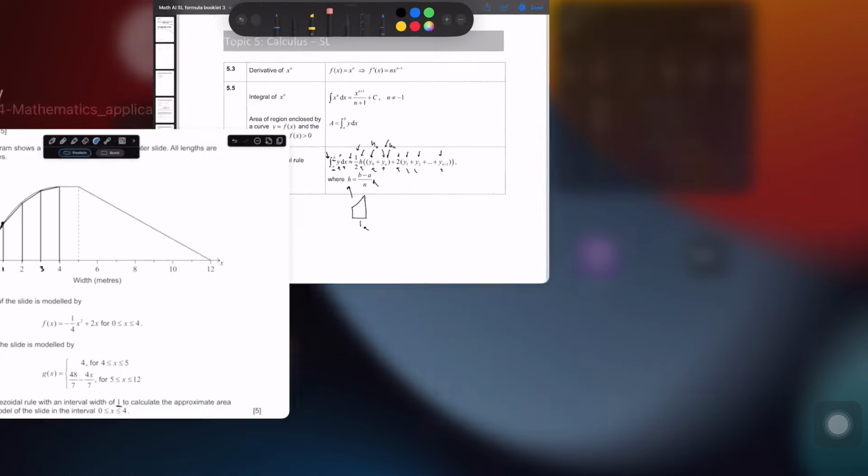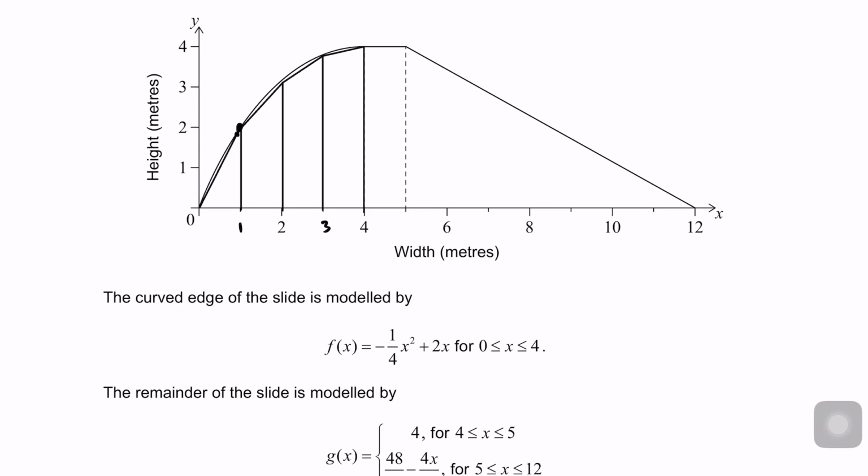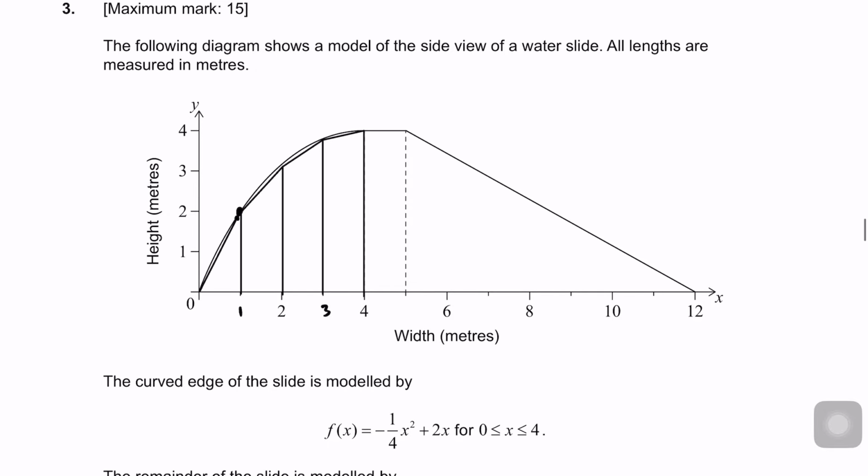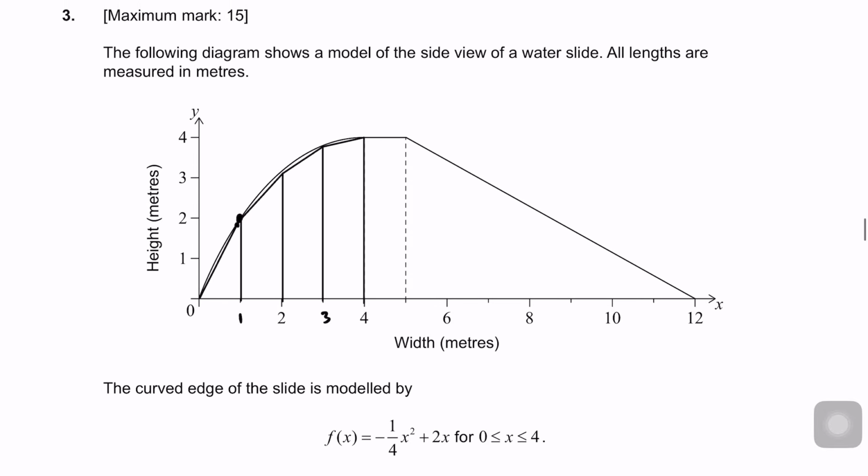Oops, where did this go now? There we go. Okay, so I'm going to write out the trapezoid rule once again. Let's use this space. I think this is good.